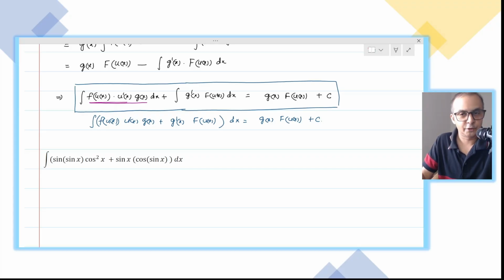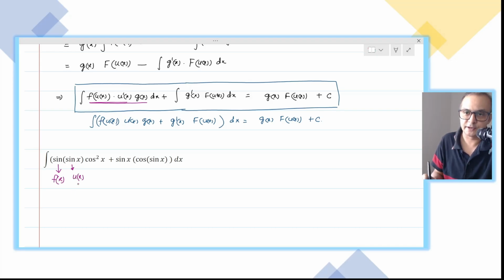So I'm not saying that you have to mug up the entire result, but believe me, if you practice a few questions, the result will be committed to your memory. So what we can do here, we can simply see that this sine is our small f, and inside it there is a u(x).